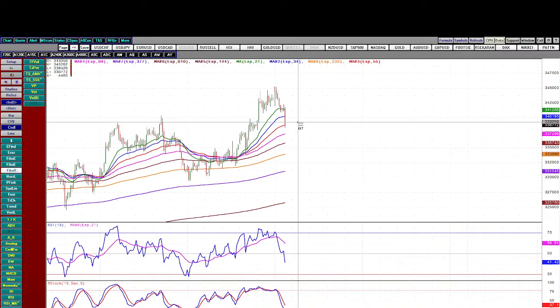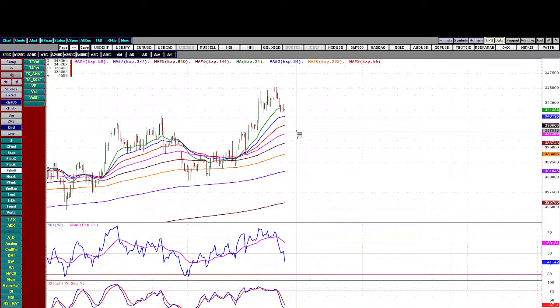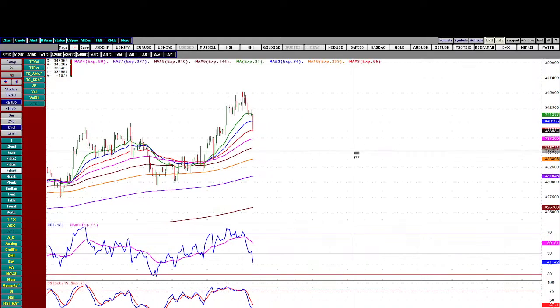We missed the price. Okay, so now we should be looking for the price to get stable somewhere at 80.